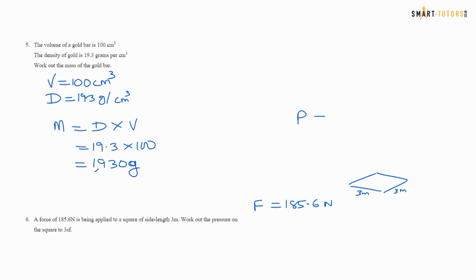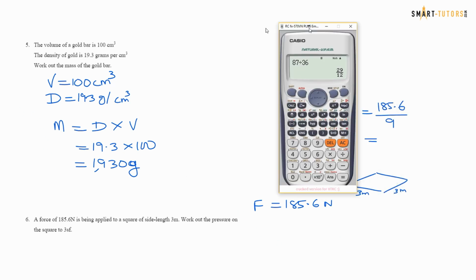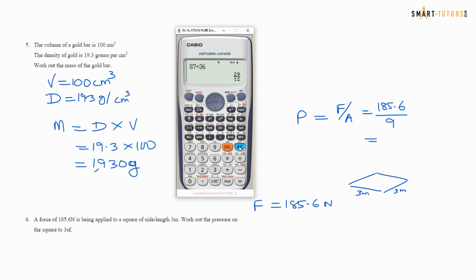So pressure equals F over A. 185.6 over 9. 185.6 divided by 9 equals.